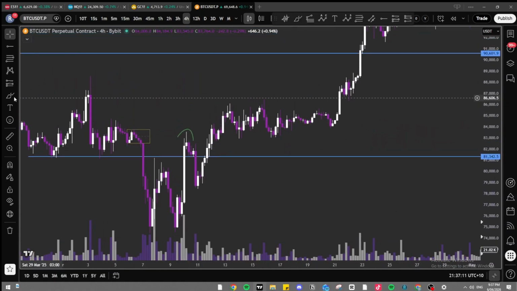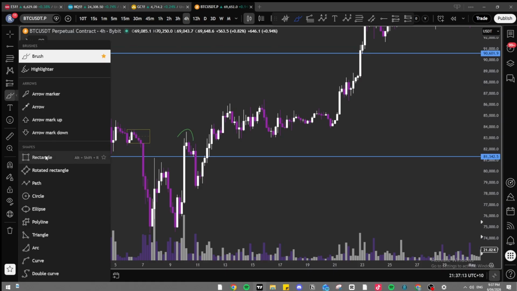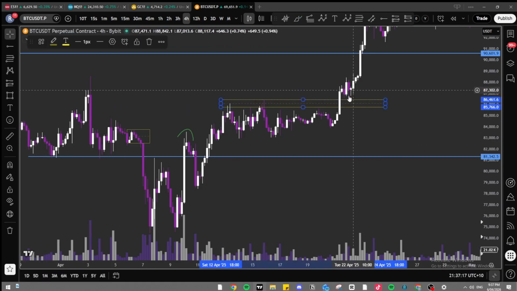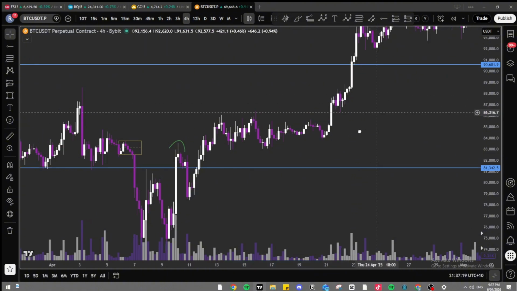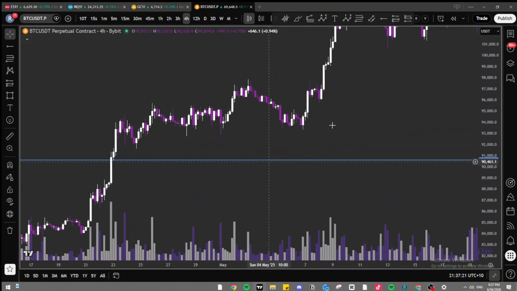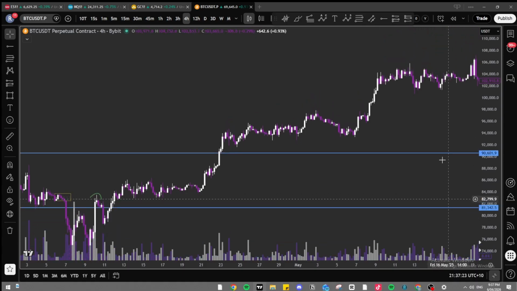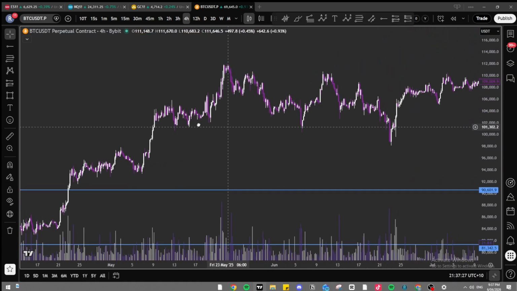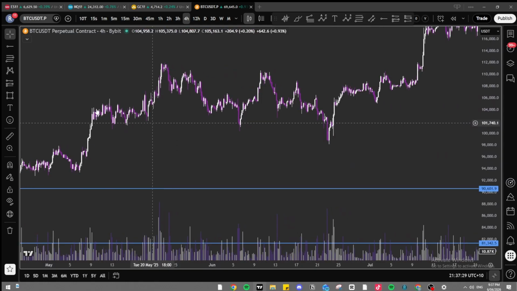And this is another example of a nice breakout, because you get the retest and you build higher lows. I think I already went through this one. This is an example of a fake out.